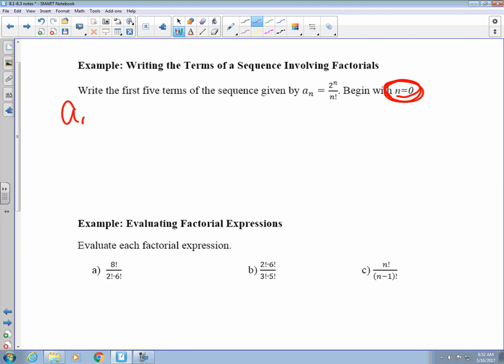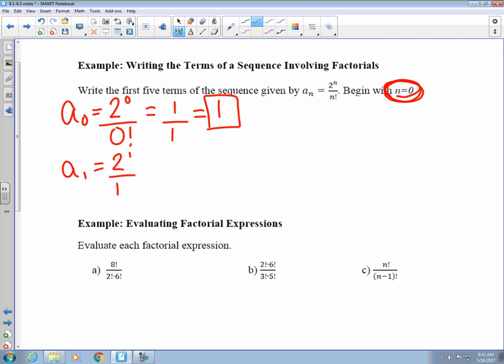So a sub 0 is 2 to the 0 over 0 factorial, or 1 over 1. A sub 1 is 2 to the 1 over 1 factorial, 2 over 1.